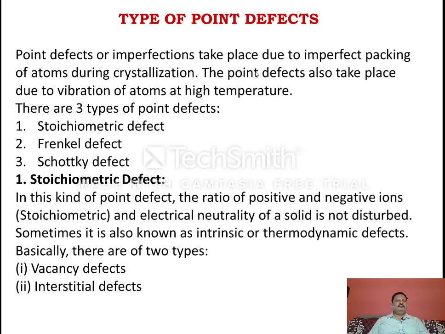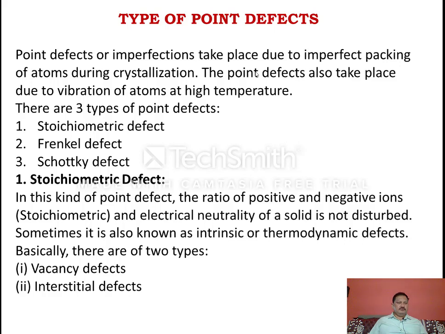So point defects, or you can say imperfections, happen due to imperfect packing of atoms during the process of crystallization. And the point defects may also take place due to vibrations of atoms at high temperatures. And here we can find the three types of point defects.